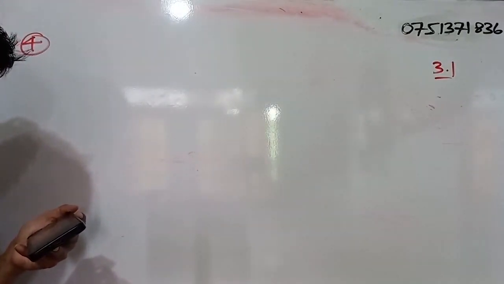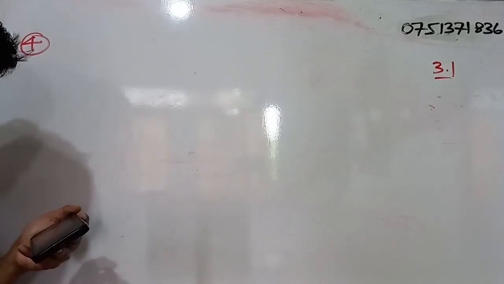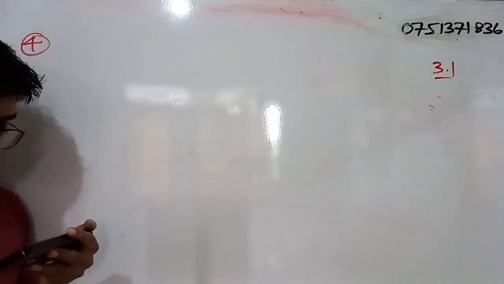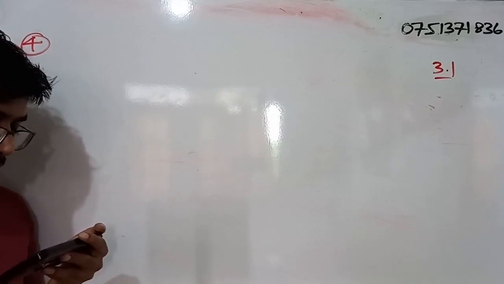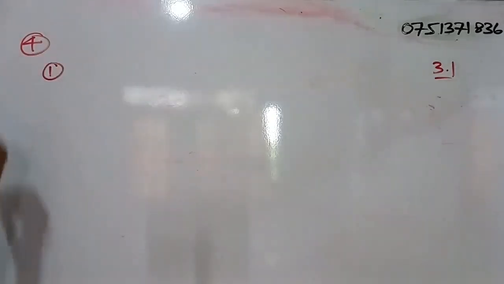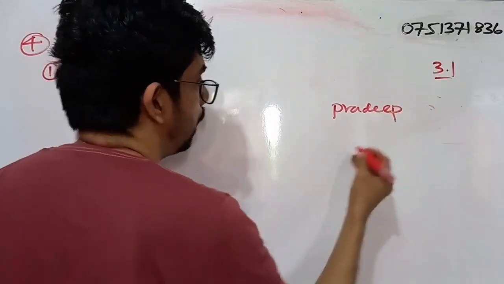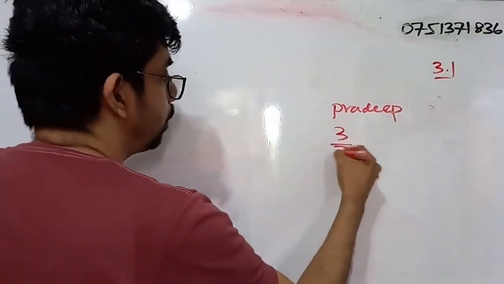3/7 of a plot of land belonged to Pradeep. He bought a quarter of the portion of land which did not belong to him and annexed it to his plot. Under that we have 3 parts. The first part, what fraction of the total plot of land did Pradeep buy? In the question it says that Pradeep owned 3/7 of the land.